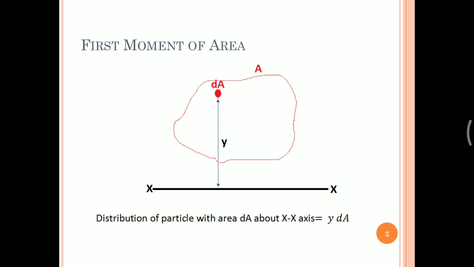So in order to find the moment of this area, I can multiply y with dA. So y dA will give me the first moment of area. As it's written here, the first moment of area represents the distribution of a particle with area dA about the x axis, and that's obtained by multiplying y with dA. So the distribution of a particle with area dA about the x axis is equal to y dA.